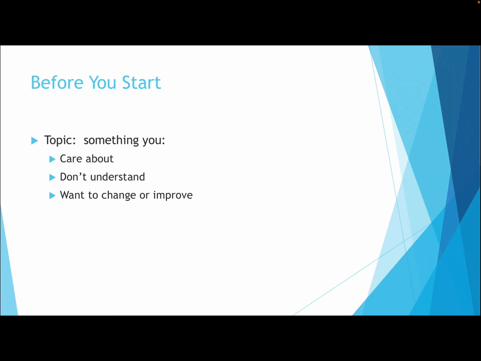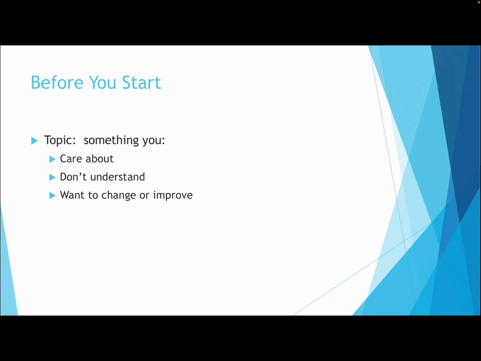Number one is the topic, and you need to start with something that you care about, something you don't understand, and something you want to change and improve. Ideally, your topic has all three of those. And it's not just because I think you should have those three things, but a research paper like this is a big undertaking.